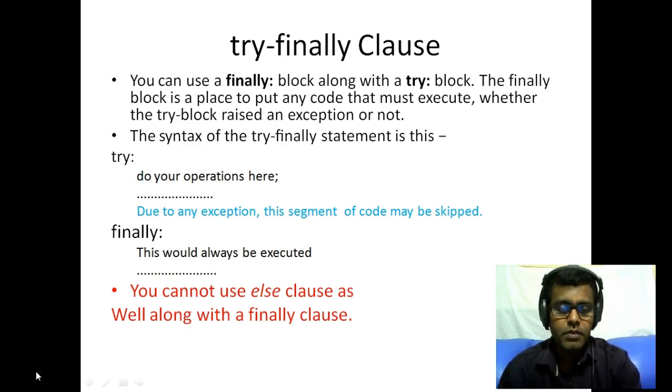Remember, whenever you go for a finally block, you should not use the else clause. Either you should use else or you should use finally. The else clause will get executed whenever there is no exception, but the finally clause will get executed whether there is an exception or not.